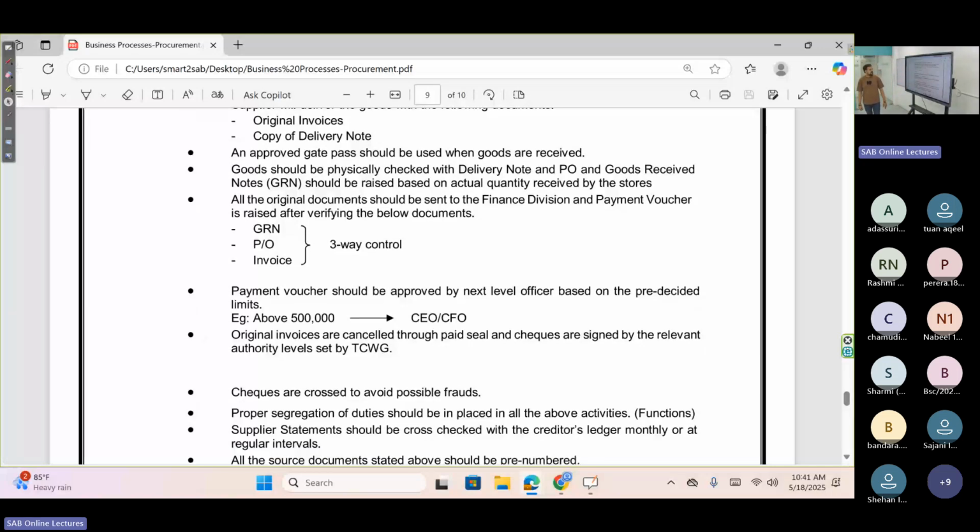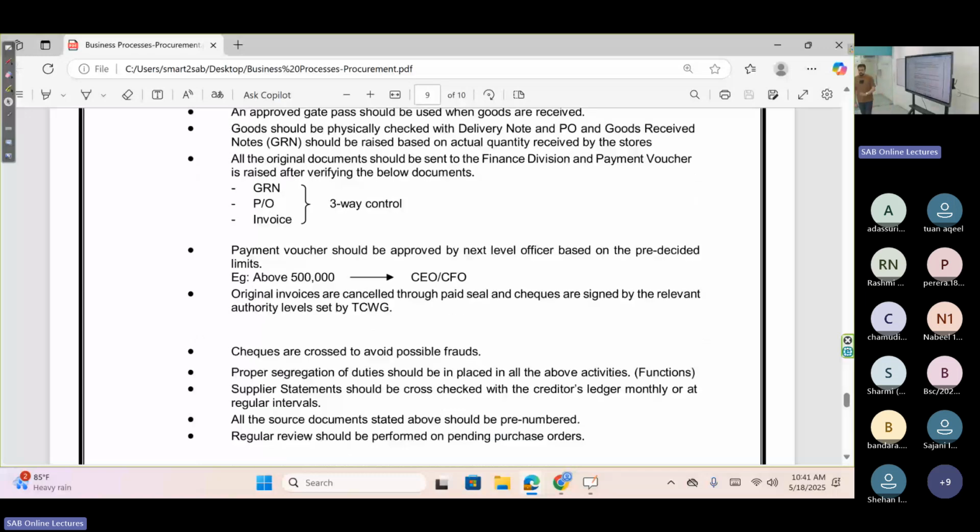Original invoices are cancelled through a paid seal, and cheques are signed by the relevant authority level set by those charged with governance. Forget about those charged with governance. Just understand that original invoices are cancelled through the paid seal, and payment is also made. What is the objective?